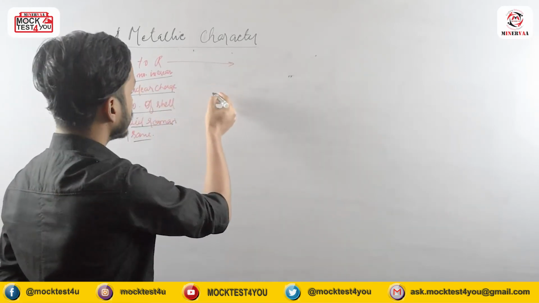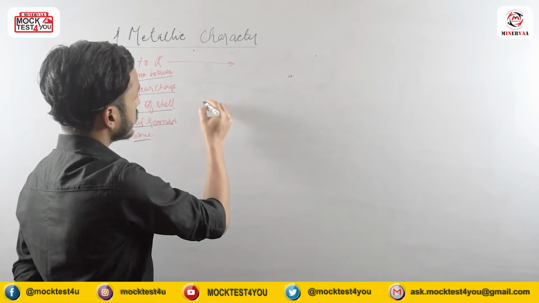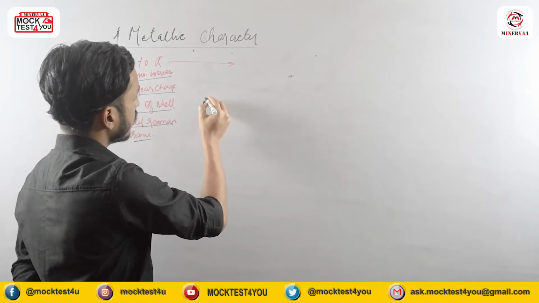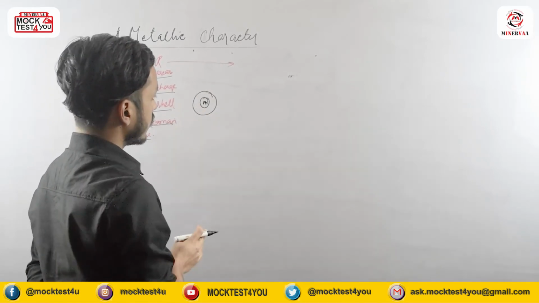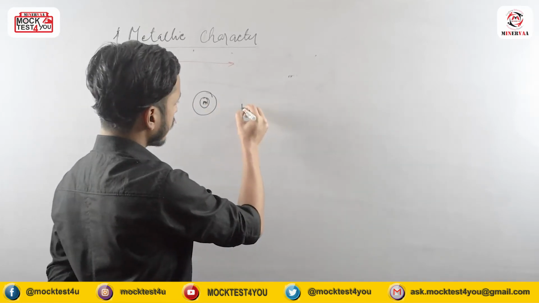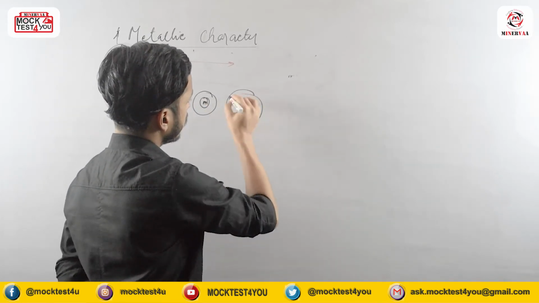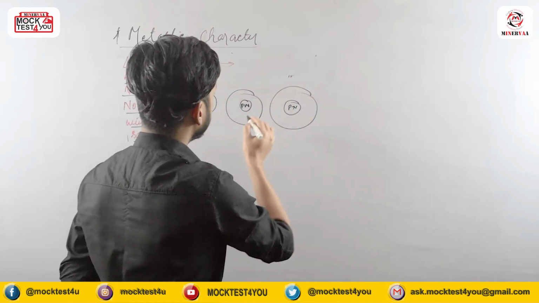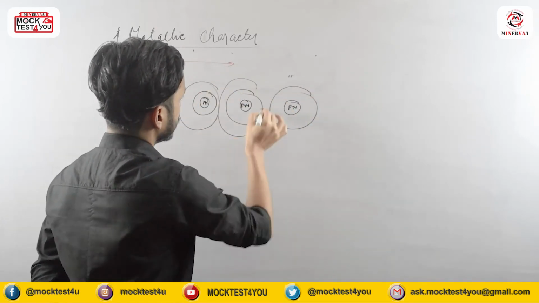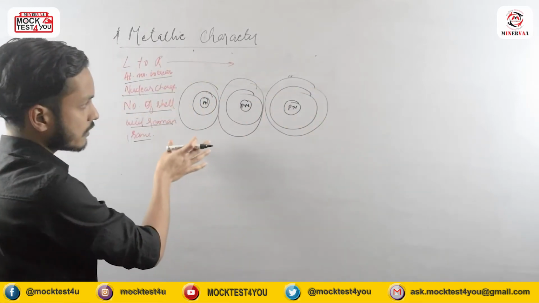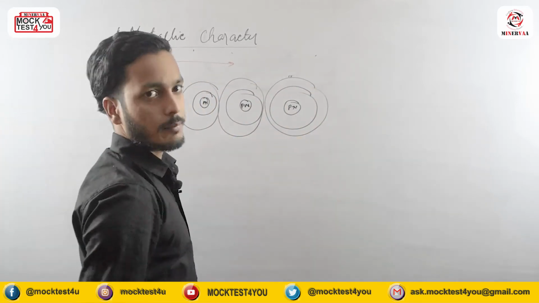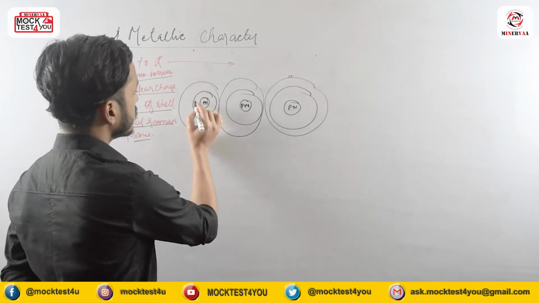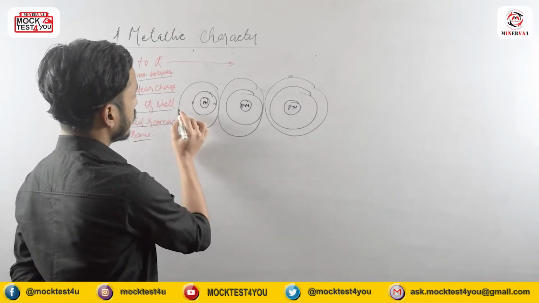See here, suppose this is our proton and neutron, and this is one shell, and this is the second shell. All three are the same. In the first case, suppose there were 2 electrons in the first shell and 1 electron here.